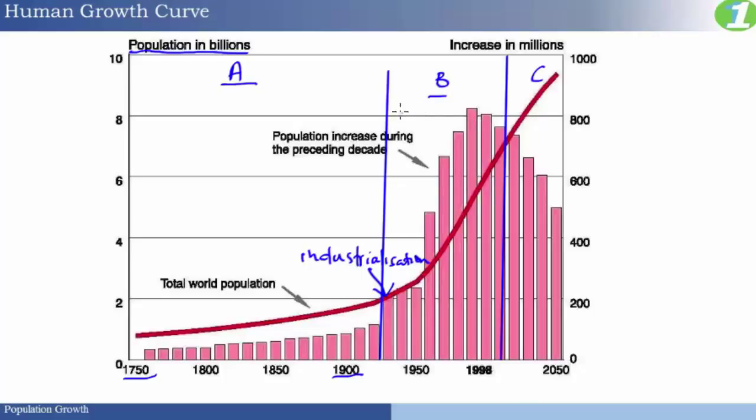So growth at this point accelerates. But at C, even though there is a projected increase in general, we're seeing that the bars are decreasing between 1998 and the projected year of 2050.